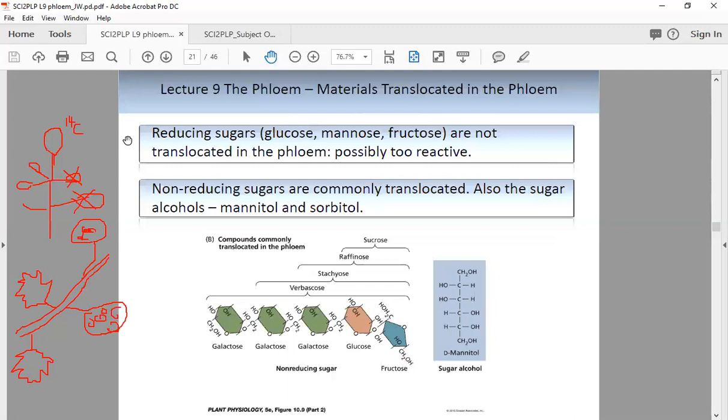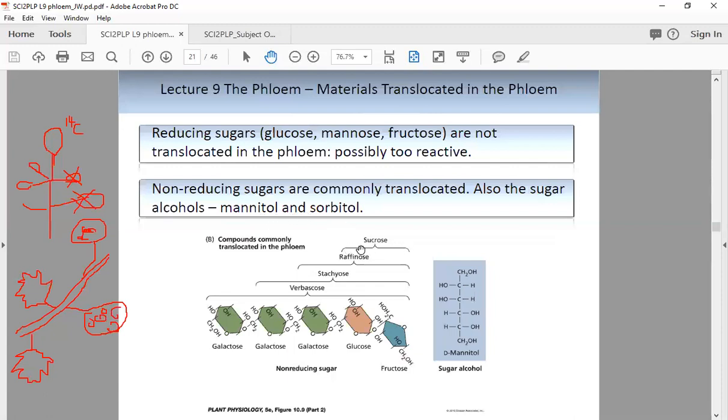And I know you remember it, but like I said, it doesn't matter. We will move on. The important point on this slide is that it's not those reducing sugars that are translocated in the phloem. Instead, non-reducing sugars are commonly translocated, and also the two sugar alcohols, mannitol and sorbitol.